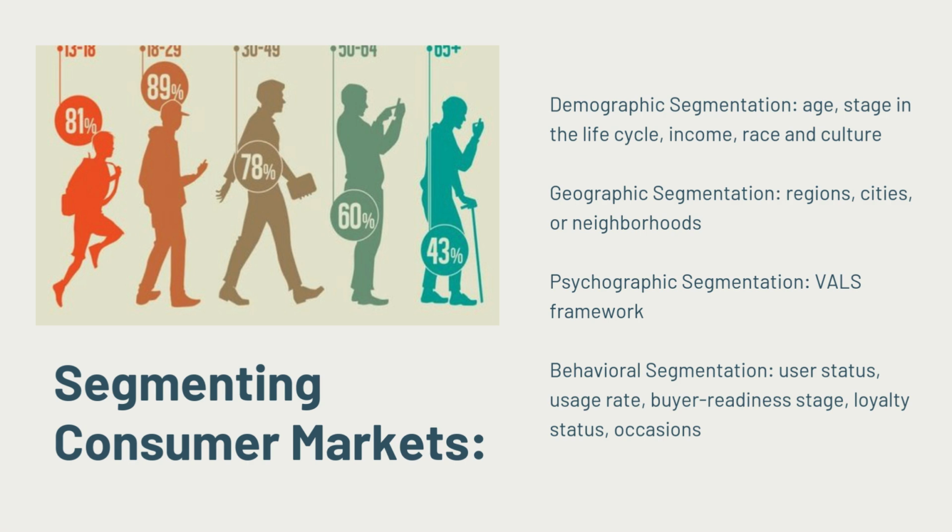Next, we have geographic segmentation, and this divides the market based on location, such as the country or their city. And this type of segmentation helps companies tailor their products to meet local needs. Okay, so people who belong to the same geographic location may have very common needs and preferences that are distinct from the needs and preferences of customers who may be located in other areas.